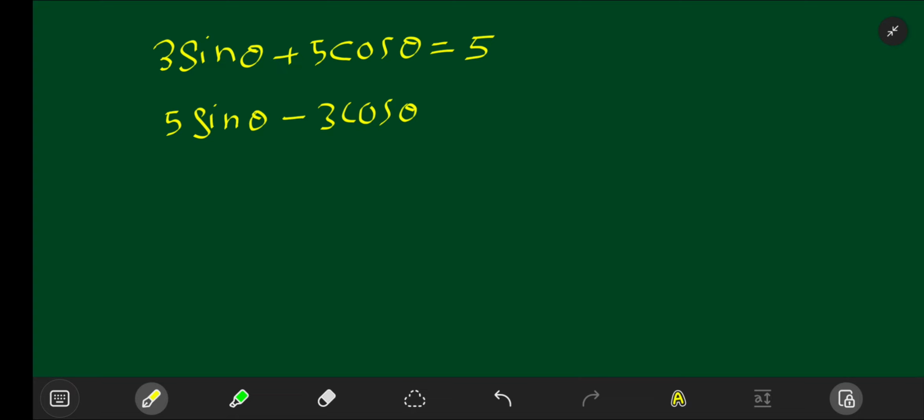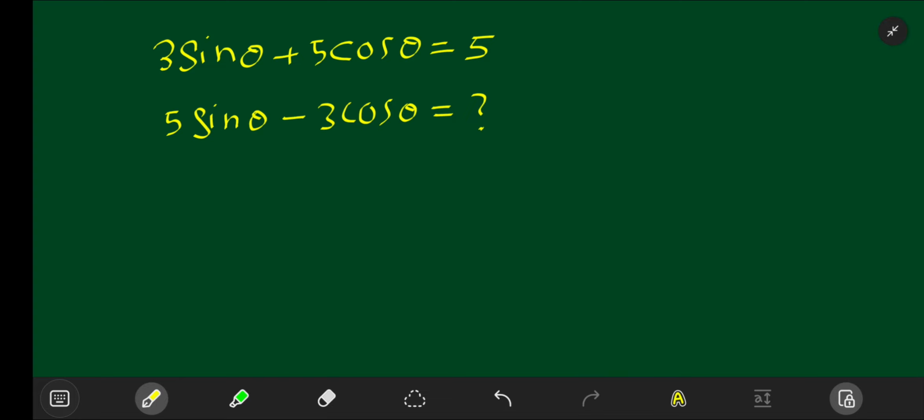That's why it is getting late. Now find the value of 5 sin theta minus 3 cos theta. You have to find this value.